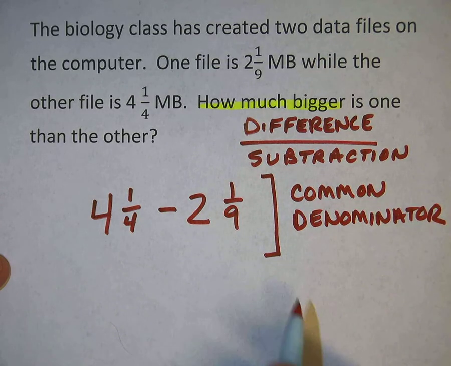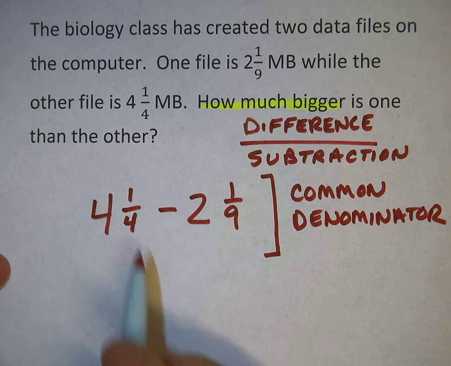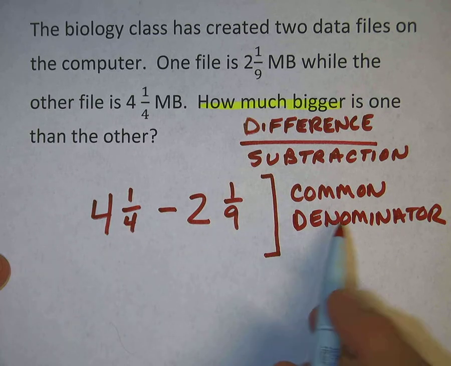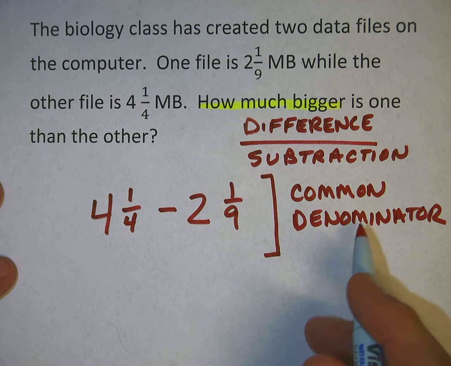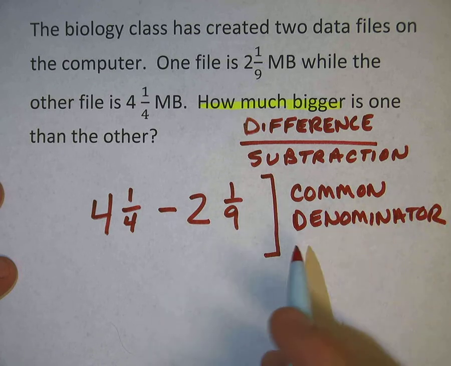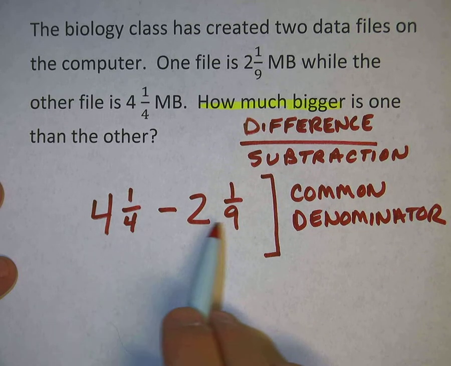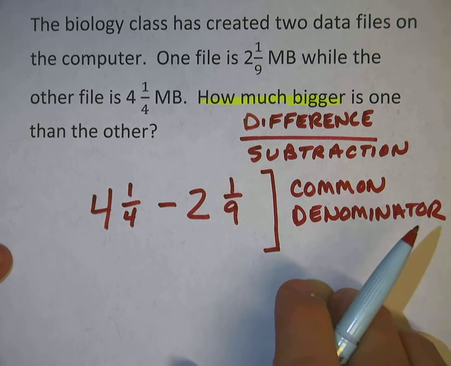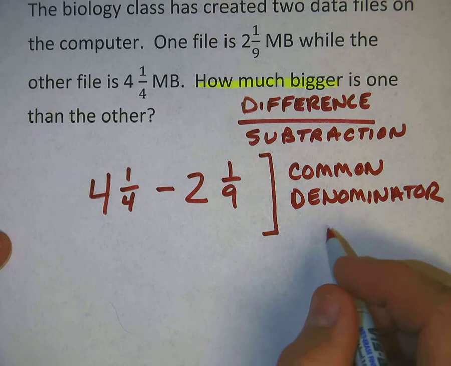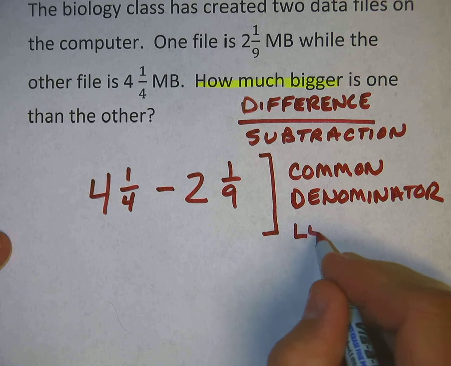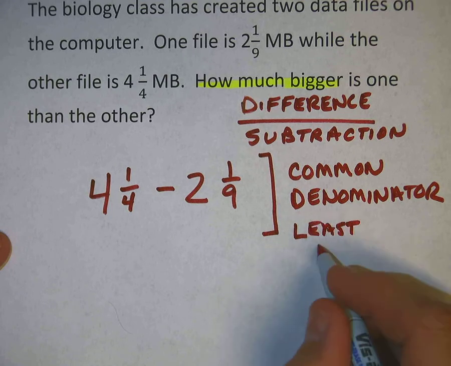To say it clearly, these numbers at the bottom of the fraction, which are the denominators, must be the same. I have to have apples and apples or oranges and oranges, but I can't have fourths and ninths. So to find a common denominator, simply look for what is referred to as the least common multiple.